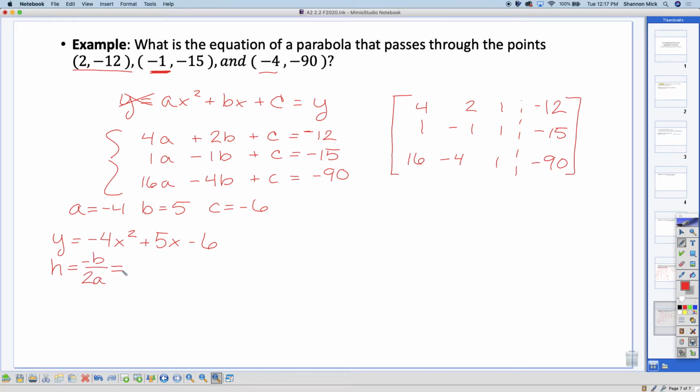We're going to bring it all together. So negative B gives me what? What's B? 5. So it'd be -5 over 2 times what? -4. So I get negative 5 over negative 8. They're both negative, so it'd be positive, right? So 5/8.